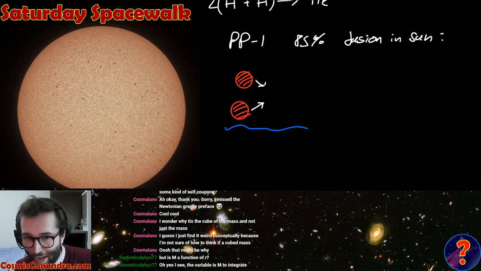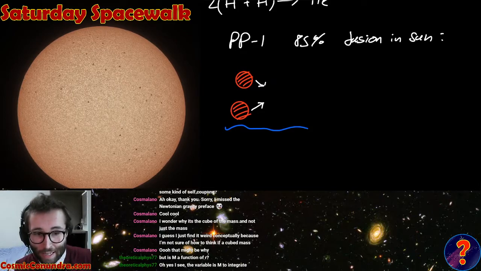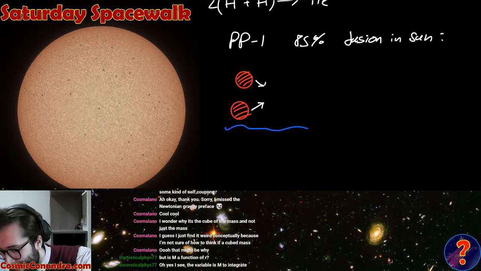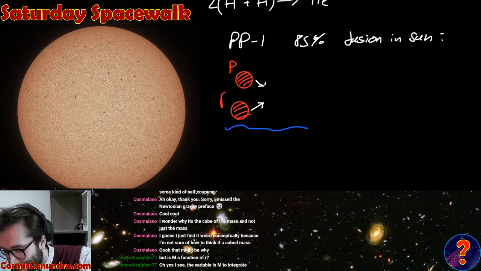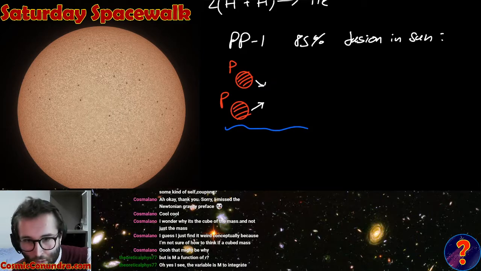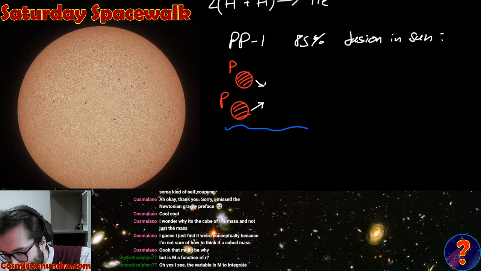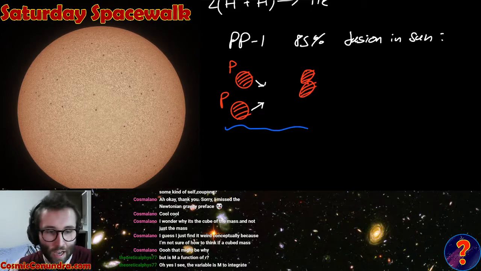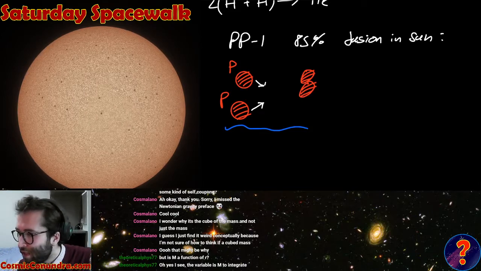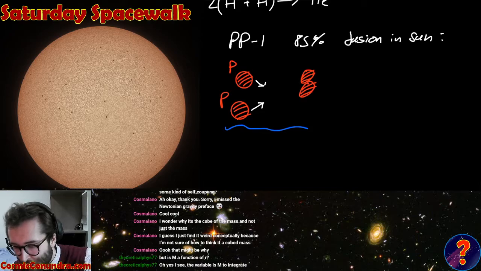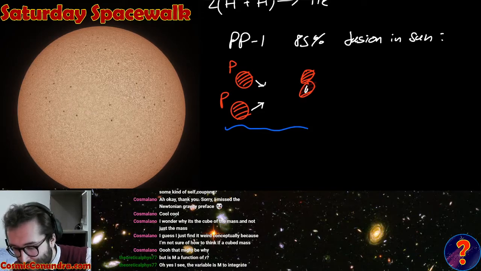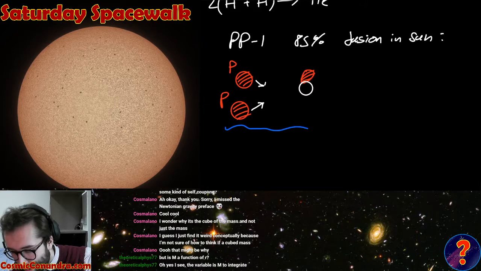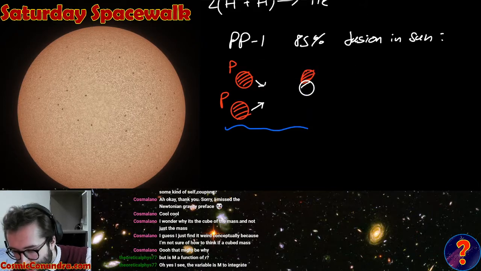But anyway, somehow the protons get close enough to fuse together so that the strong force takes over and they form a single thing. So for a very brief period, they will form two protons, a diproton, something like that. But this is very unstable. So what happens is one of these protons will decay by the weak interaction into a neutron.